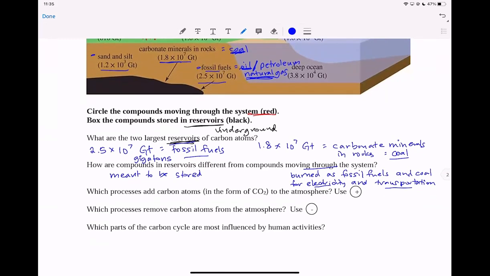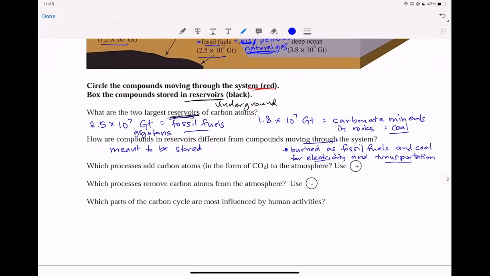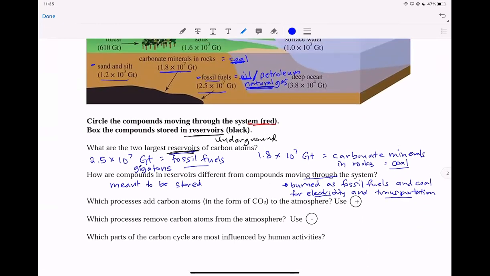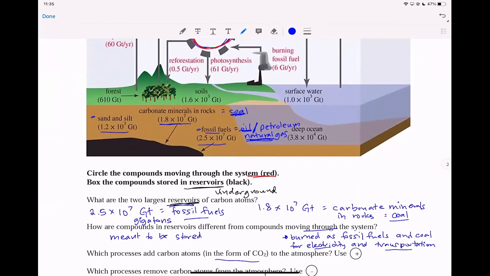And so those are unnatural. This process of burning fossil fuels did not always exist. Humans have been around for a long time and only discovered the coal and oil and petroleum within the last 200 years.